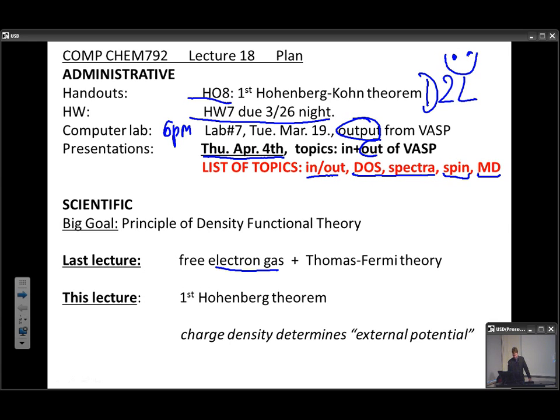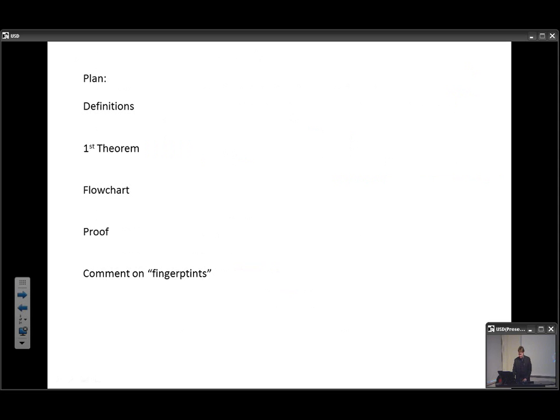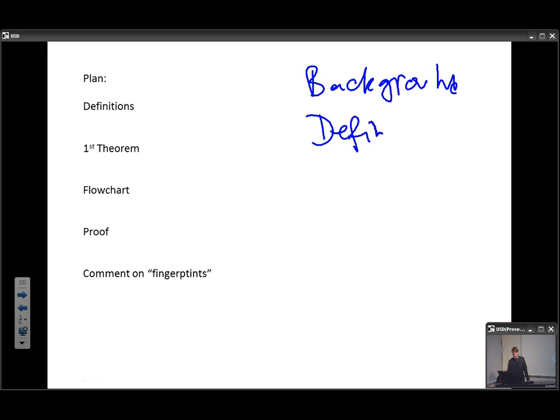Our plan to acquire the steps towards density functional theory can be formulated as having background in some definitions. Then we need to spend a little time on theorems because they are an integral part of the theory.